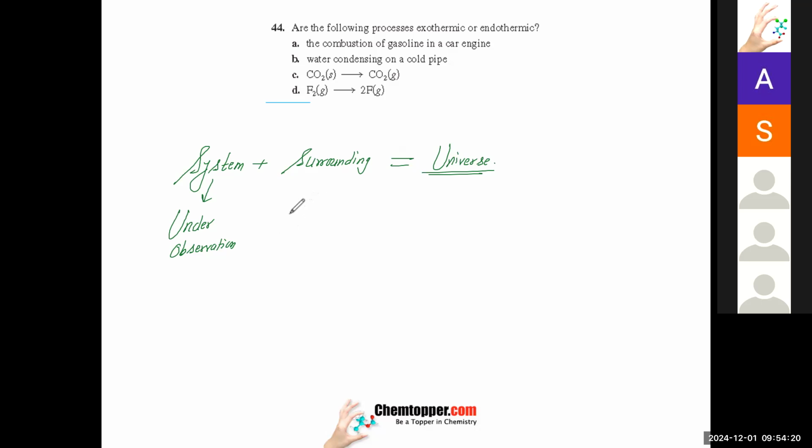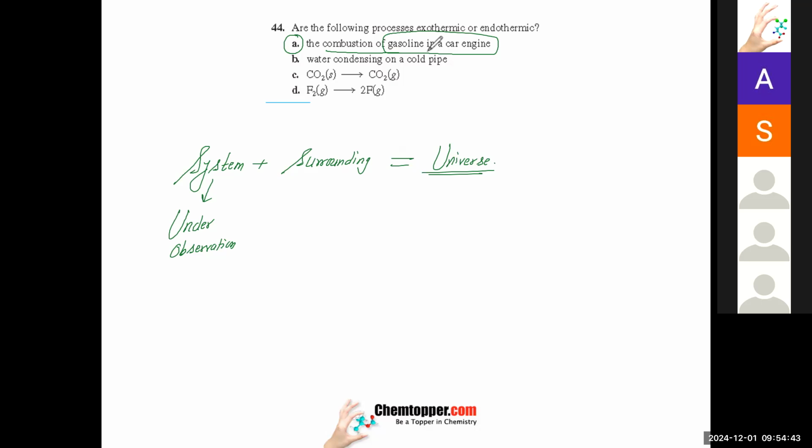So here in the A part, the combustion of gasoline in a car engine. You're burning gasoline in a car engine. So gasoline is the system. Rest all things around it, the car, whatever is there, is the surroundings.